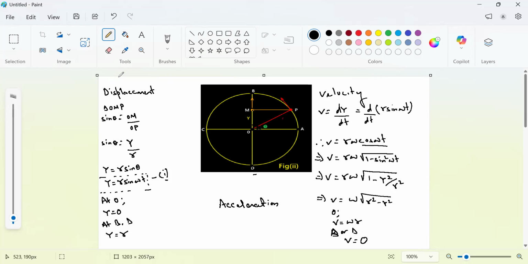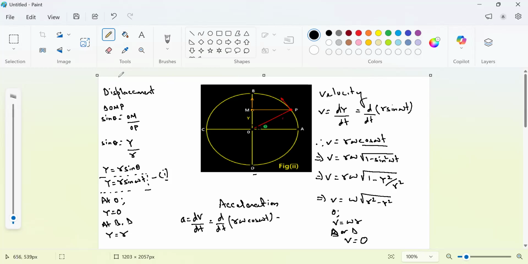Now, let's try to find out what will be the acceleration of this particle M during its motion. So, acceleration equals the rate of change in velocity. So, dv by dt. This further can be written as d by dt of velocity, which equals R omega cos omega t.